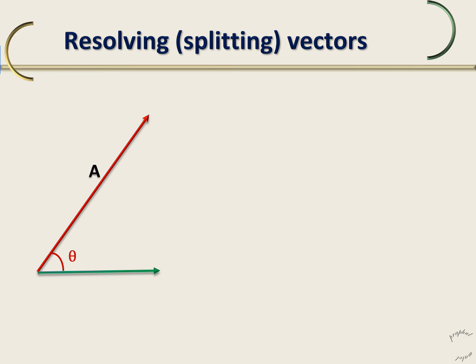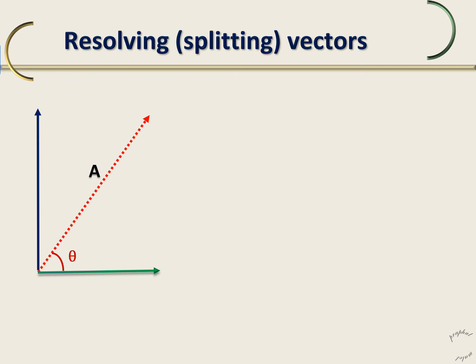So I'm drawing exactly a vector in the horizontal direction. Now, the second component, the rule says it should be on the other side of the parent vector A and it should be exactly 90 degrees to the first component. So this is how I draw the second component.